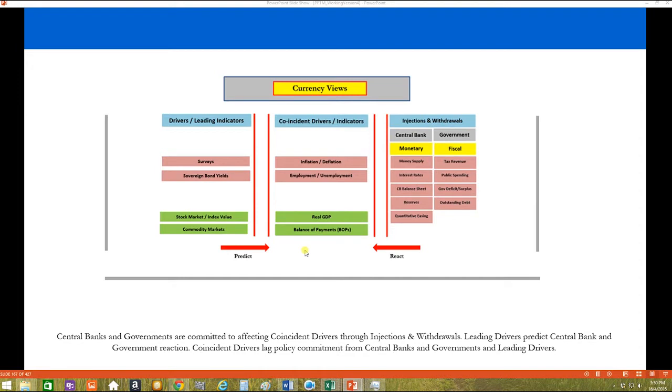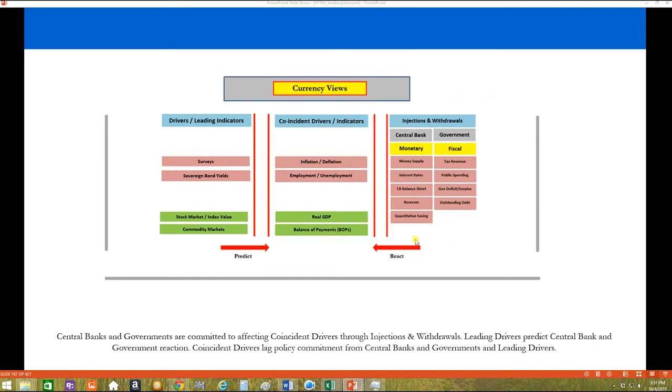So take a little time for that to sink in, because it's quite important to get the flow and understand how the economy actually flows. So this is basically information that is given to policymakers on a regular basis, and it's also publicly available. Given to policymakers, and because of the predictions of the drivers, the leading indicators, injections and withdrawals are made.